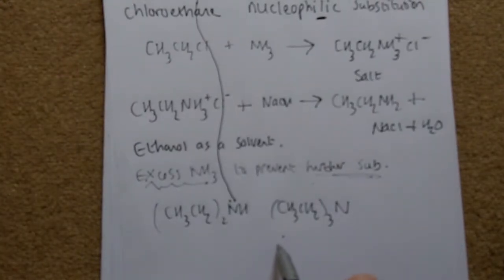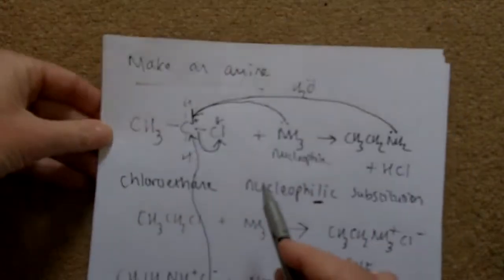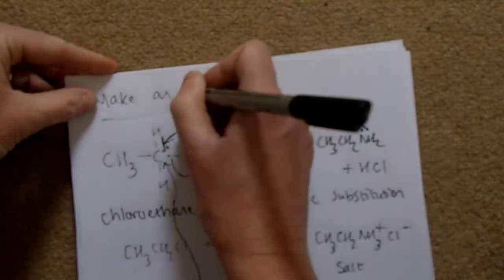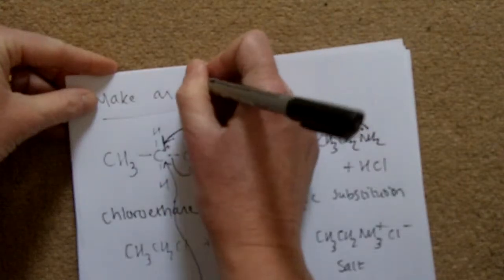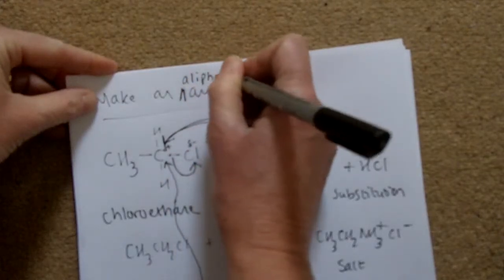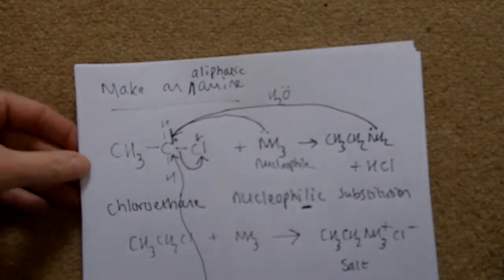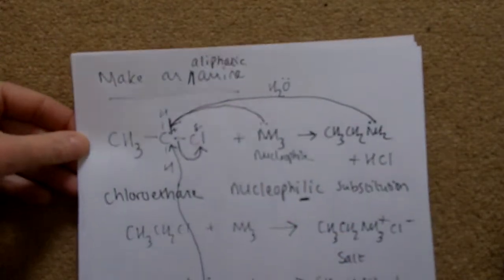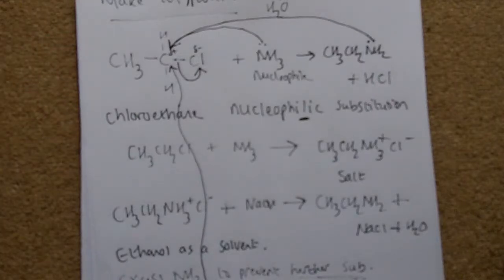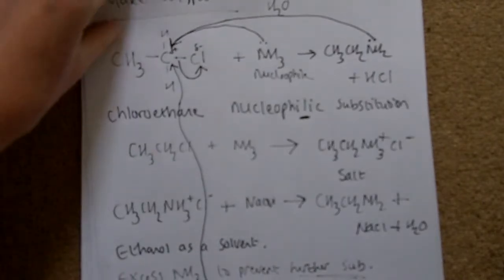Okay, this is the only way to make an aliphatic amine. This is when you want to make an aliphatic amine, which means a straight chain or branched amine. To make an aromatic amine is a slightly different method.